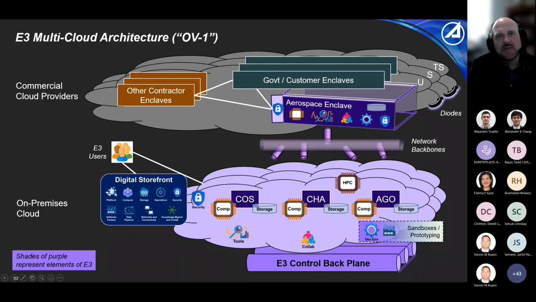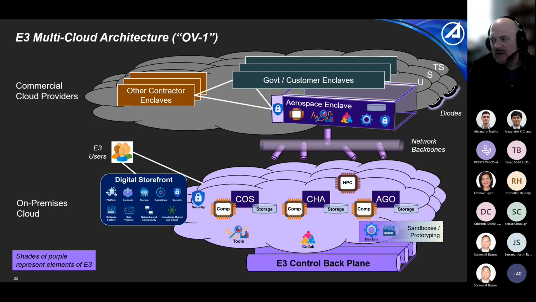We need to have at least some presence with all of the different cloud providers, because different customers are going different directions. So we need to be multi-cloud, and we need to be multi-level security within that. And this represents that idea. In the middle here, you see E3 users who can either access E3 capabilities directly, or more often they're going to go through a digital storefront that makes it easy for them to get the workflows and services that they need.